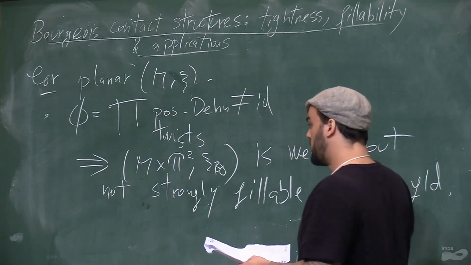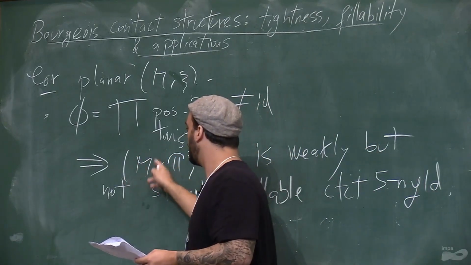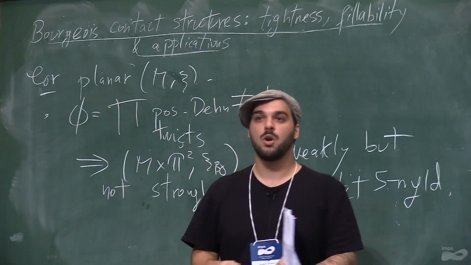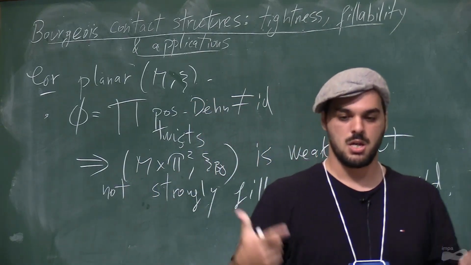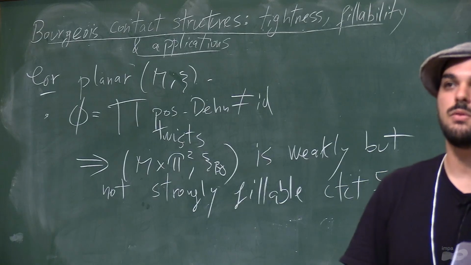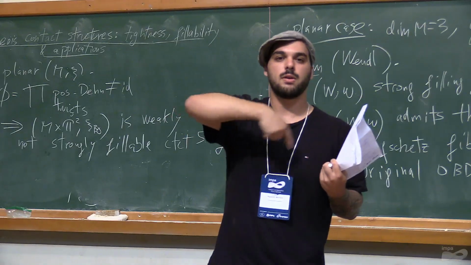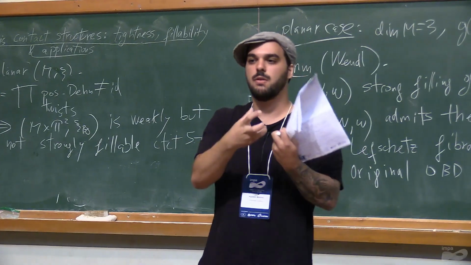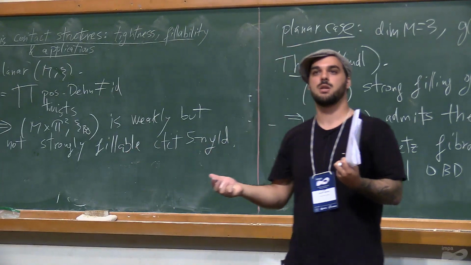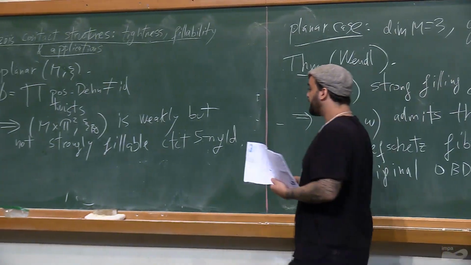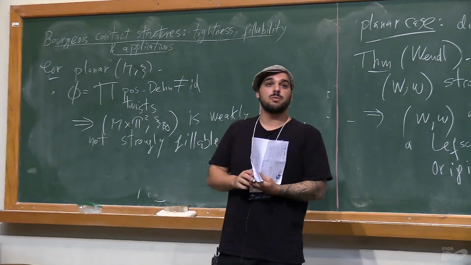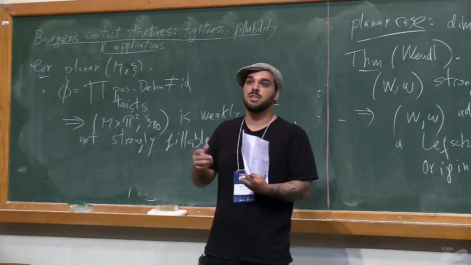But those kinds of structures are actually associated to what's called a Liouville pair on M, which implies in particular that the 3-manifold is co-fillable. So it's one contact boundary component of a symplectic manifold with disconnected boundary.